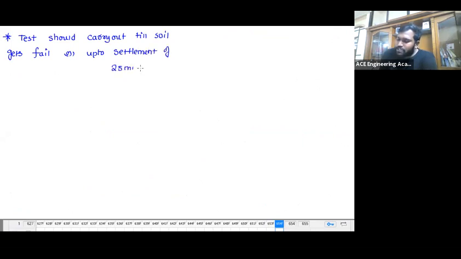So if the soil fails before reaching 25 mm, then you have to stop the test. But if the soil is still taking the load and reaches 25 mm, then you stop the test. Once it reaches a total settlement of 25 mm, you stop the test. And if the soil failed before reaching 25 mm, you stop the test eventually.